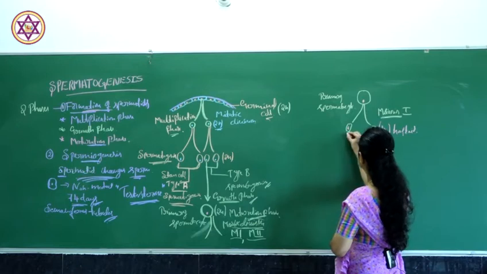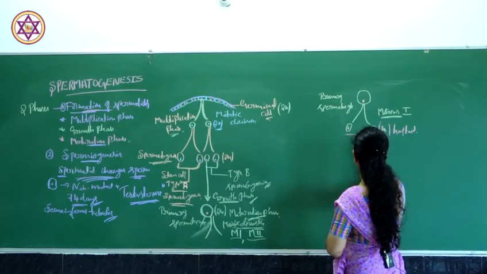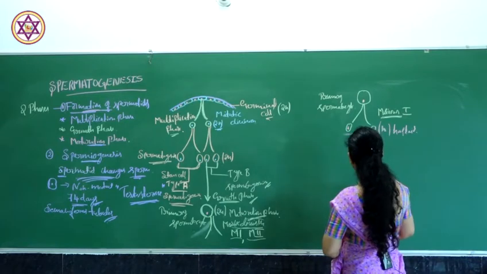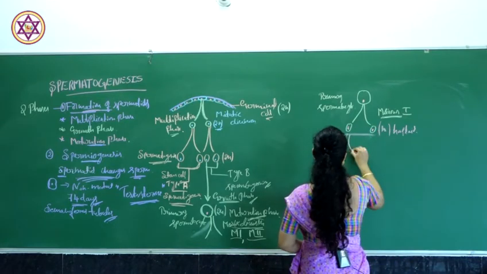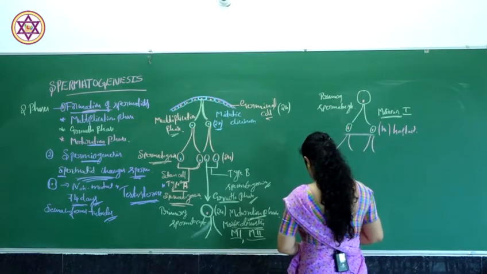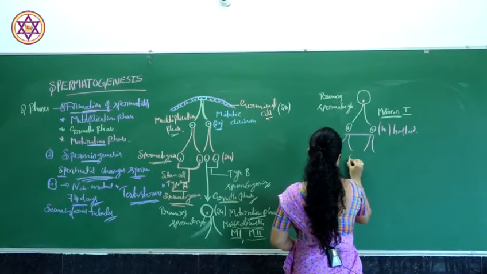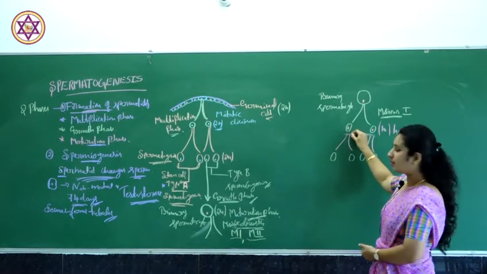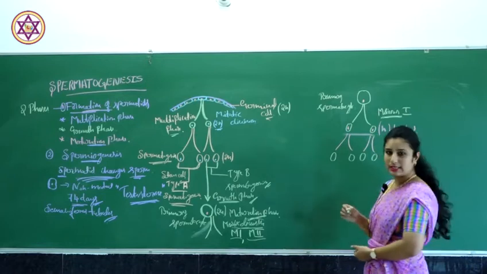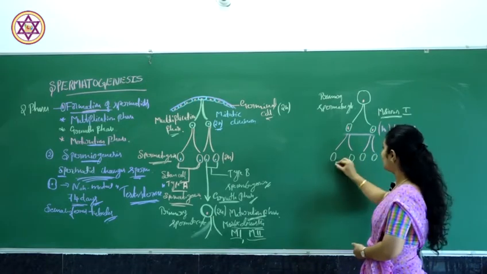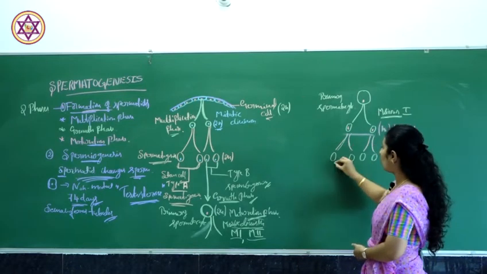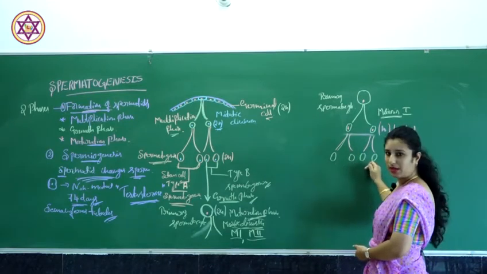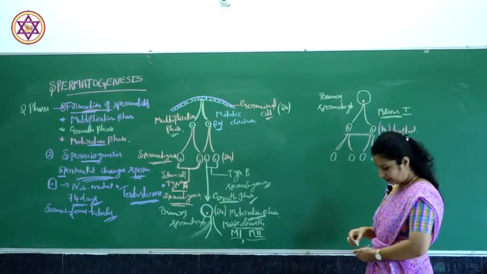Later, both haploid cells, each parent cell, forms two daughter cells.